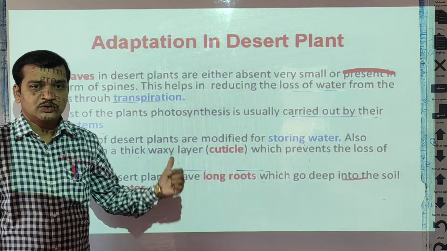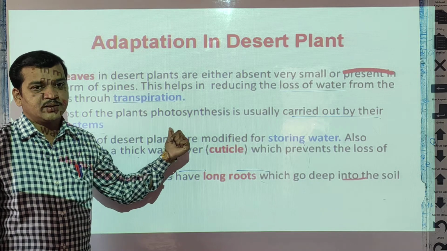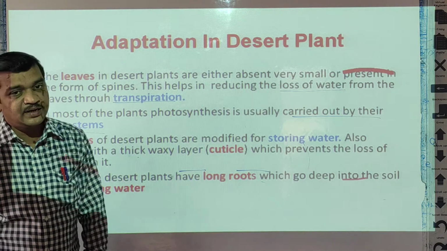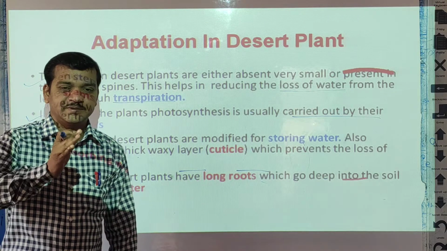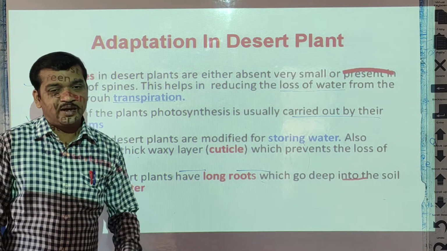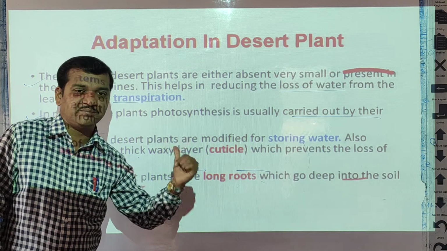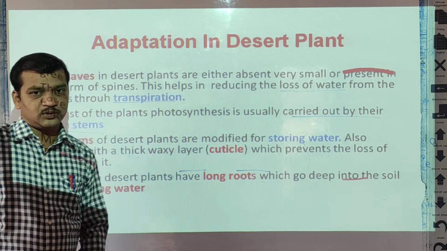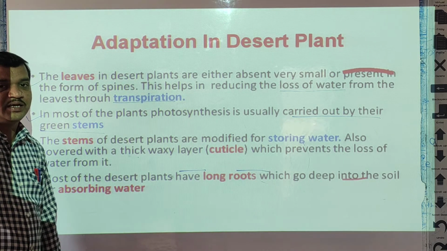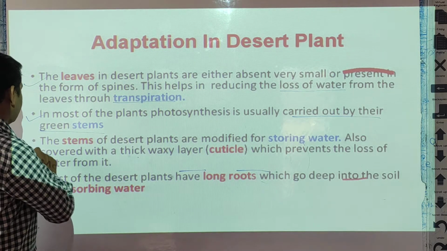Because leaves are absent, sometimes small or sometimes like thorn, this process is done by green stems. Okay students, photosynthesis is the process to make their own food.